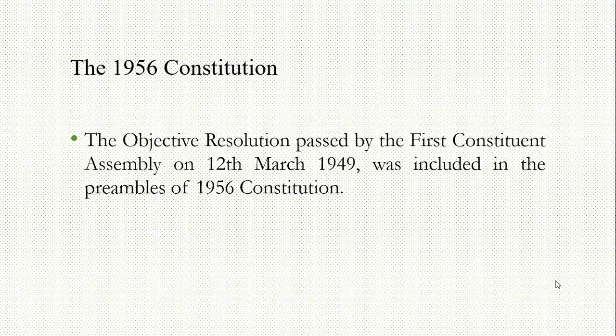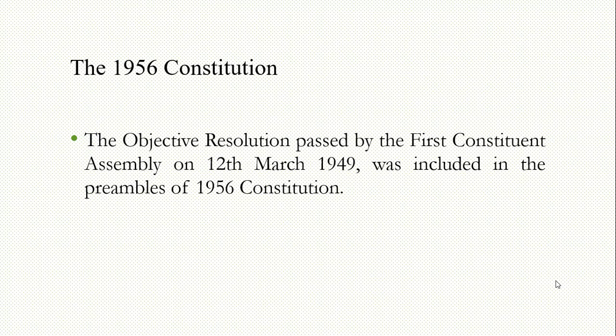So during the 7 years of stay of the Constituent Assembly, 1947 to 1954, a constitution for the country could not be prepared due to the political crisis and the struggle for power among the political parties and political leadership.